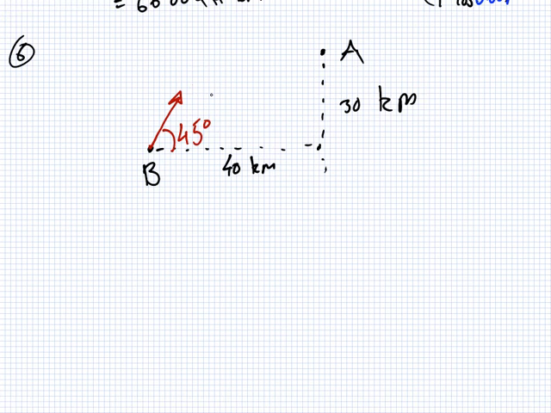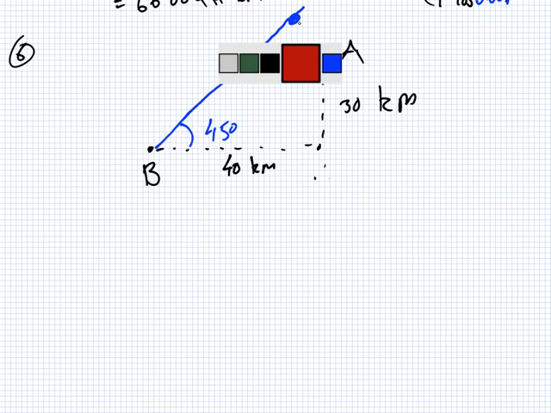So let me just try and draw that. 45 degrees, I'll just draw it like this. So this is 45. So they're nearest when B makes it here, when this angle here is 90. That's what I want in this question. I want this distance here.